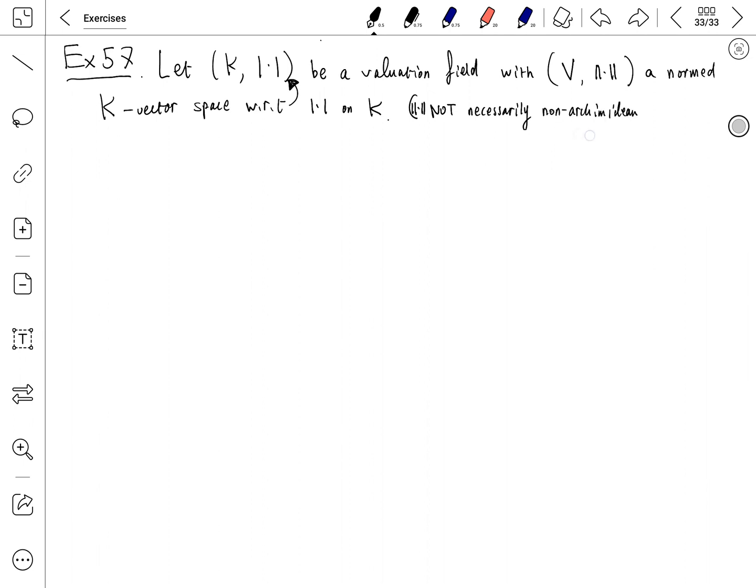Non-Archimedean means we require a stronger version of the triangle inequality. In general, we only have that the length of a side of a triangle is less or equal than the sum of the lengths of the other two sides.